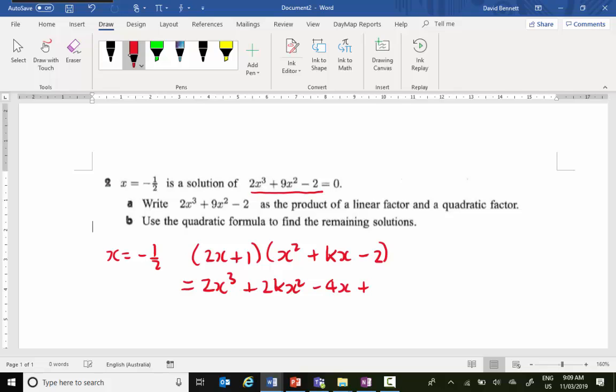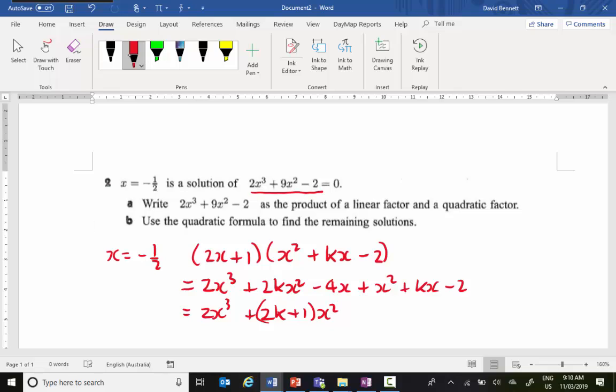That's going to be plus 1x squared, so x squared plus 1kx, and then take 2. Now we've got to equate our x terms together, so 3x squared. So I'm going to have my x squared, which is going to be plus 2k plus 1. That's my x squared terms together.